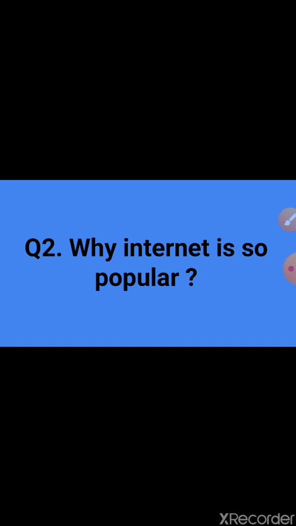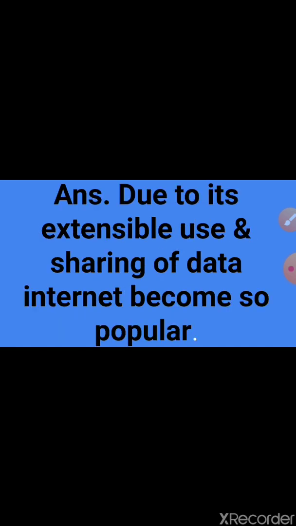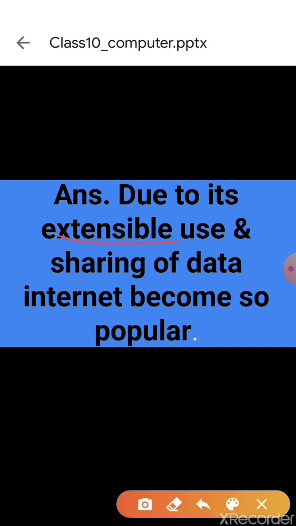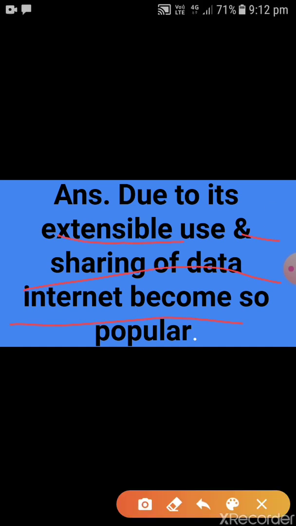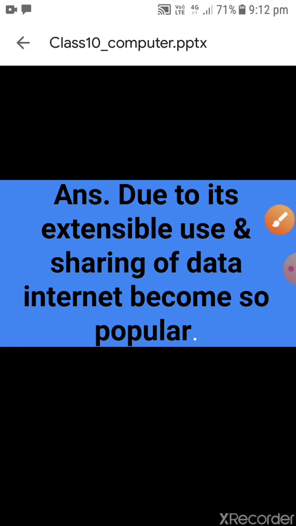In my first video we discussed what the internet is and its advantages. Due to its extensive use and sharing of data, the internet became so popular. With the internet we communicate, share information and search for things. Because of this, the internet is so popular these days.